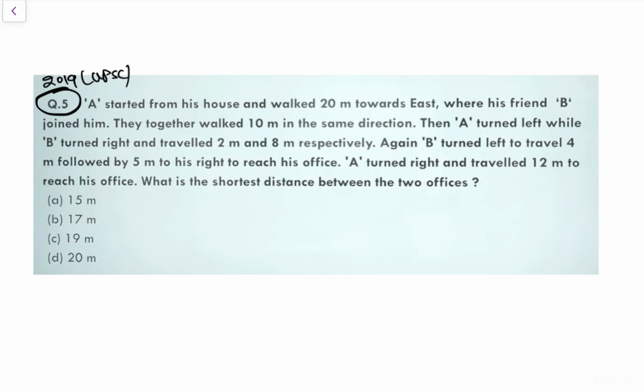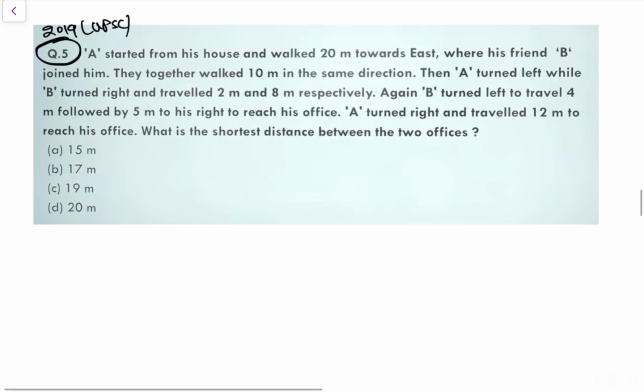See, A started from his house and walked 20 meters towards east. अब A started from this house where his friend B joined him. देखो, अब we haven't been given in which direction the house is. ठीक है, they walk together.